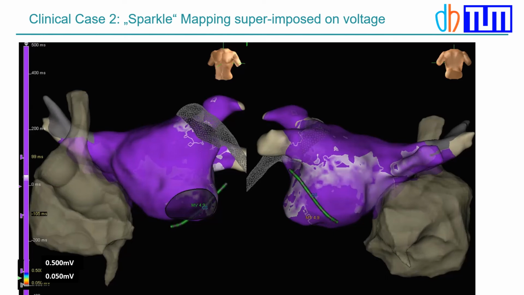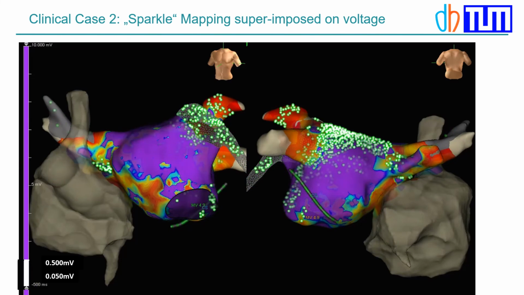So there seems to be the problem here in this region where this activation front seems to emerge from, and as you can appreciate again here, it really seems to emerge from this area.